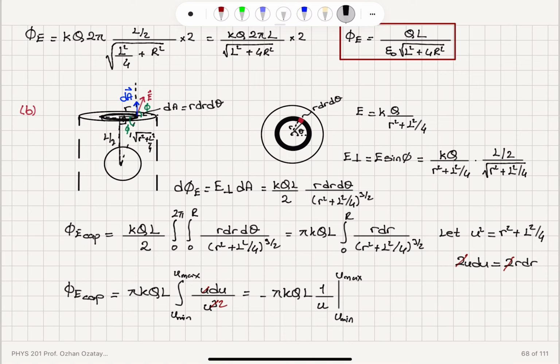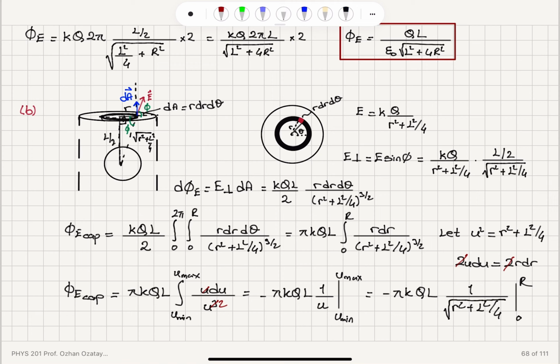But instead of trying to find what those limits are, I will substitute for u. So minus pi kqL, I have 1 over the square root of r squared plus L squared over 4. That is what u is, right? Because u squared is r squared plus L squared over 4. And this will be evaluated between minimum value of r, 0, and maximum value, capital R. All right, now I'm ready to evaluate this.